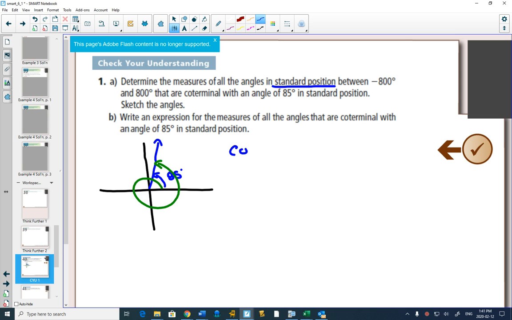So coterminal angles here. And generally, you also always write the one that you have. 85 degrees happens to end in the same place as 85 degrees. Makes sense. So 85 degrees, if I add 360 to that, that'll be 445 degrees.